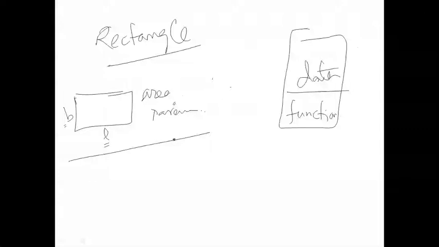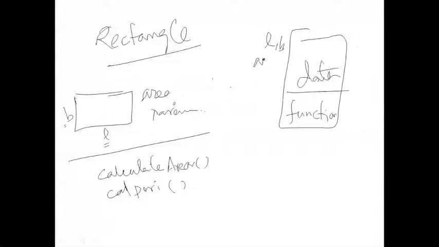This is the data part, and the function part is calculate area. This is the function. Then calculate perimeter. So this is another function. So in case of rectangle, we have length, breadth, and we have area, and we have perimeter.